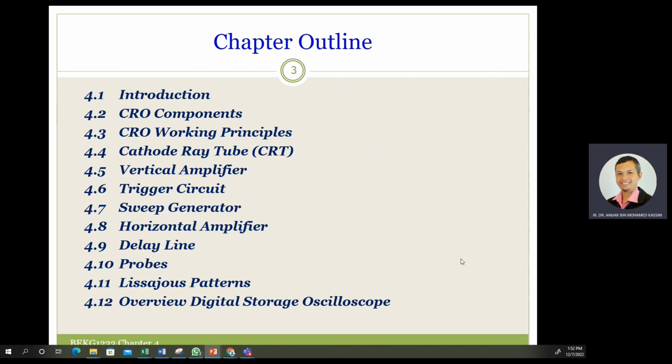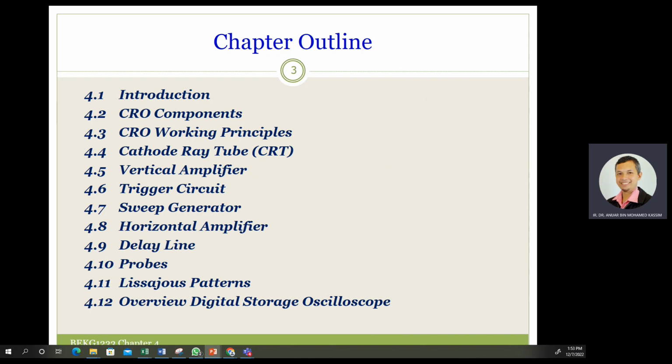For your information, the outline of this chapter is like this. First, I'd like to explain the introduction of the oscilloscope, and then the CRO, which means Cathode Ray Oscilloscope, its components, and its working principle. Then we go to the Cathode Ray Tube, the CRT. Nowadays there is not much CRT display, but here we would like to introduce the CRT.